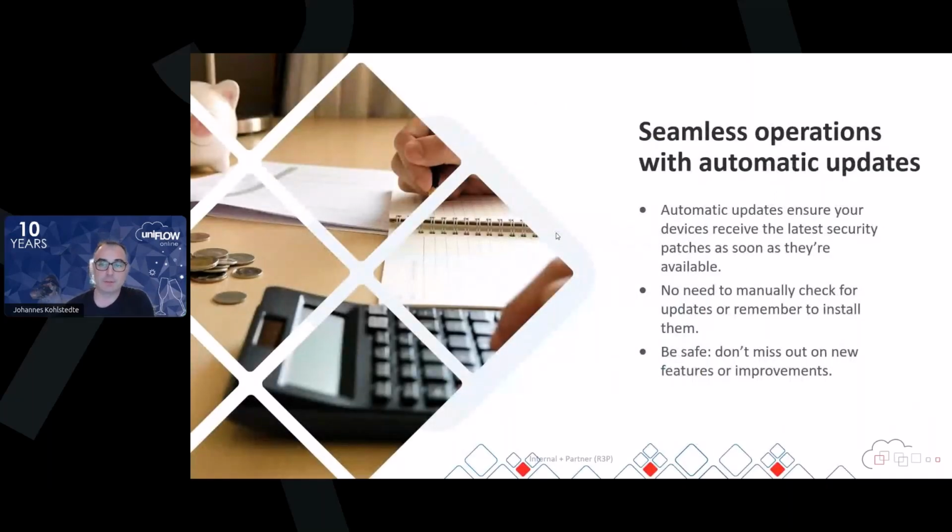This generates a very seamless operation for automatic updates and ensures that the whole device environment is always kept up to date without having to manually install them at the device, so you don't miss out on newly added features, but more importantly on security updates.